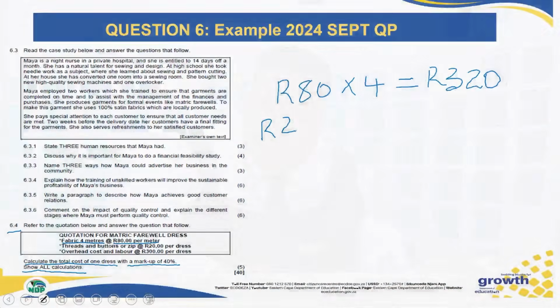Therefore, we need to multiply 80 rands by 4 meters, and the amount of money that will be needed is 320. Then you add all your expenses, 320 plus 20 rands for threads and buttons.